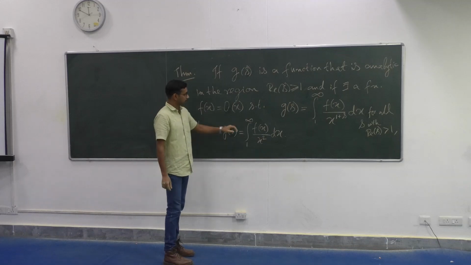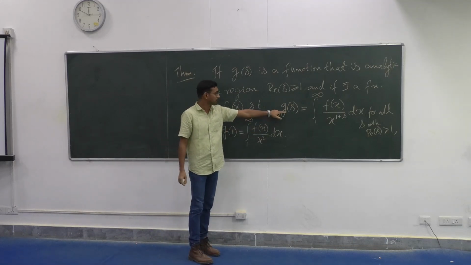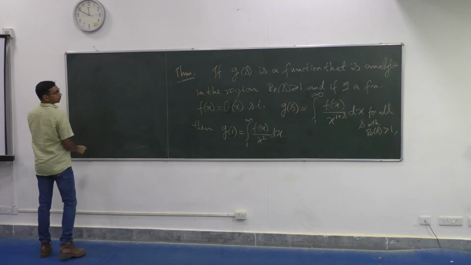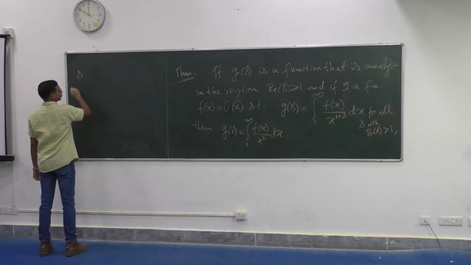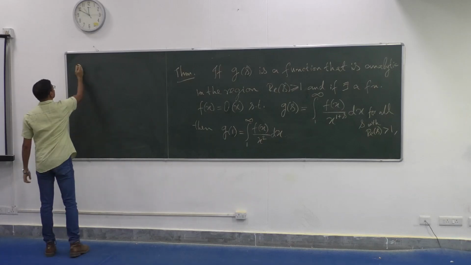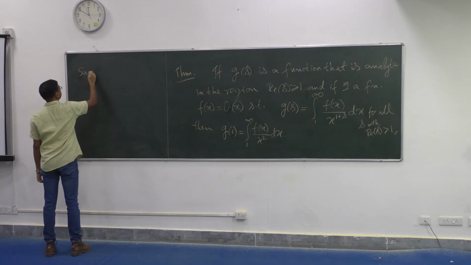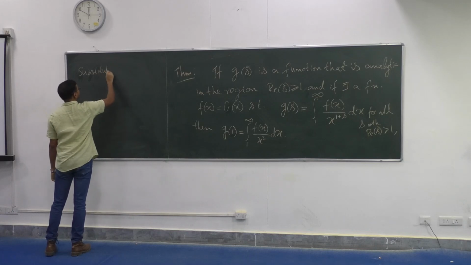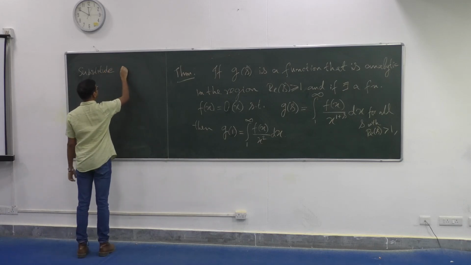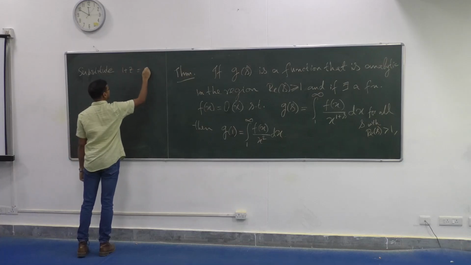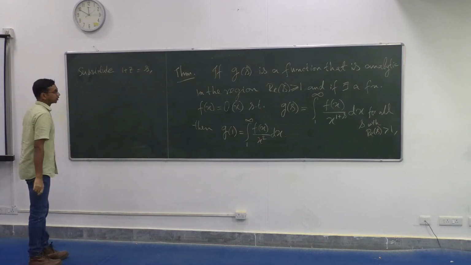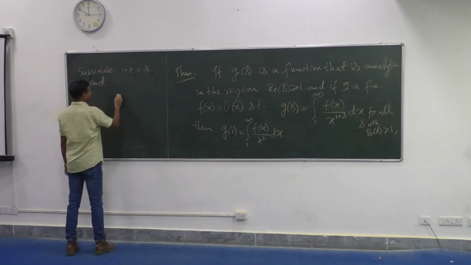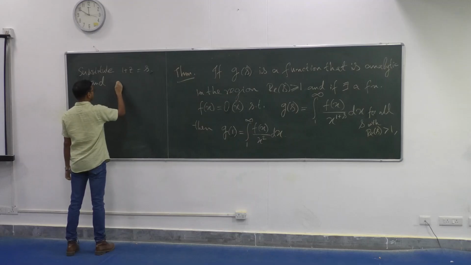So how should we proceed with this? First we do a substitution. So we put z such that we substitute 1 plus z for s and e to the power t for x.